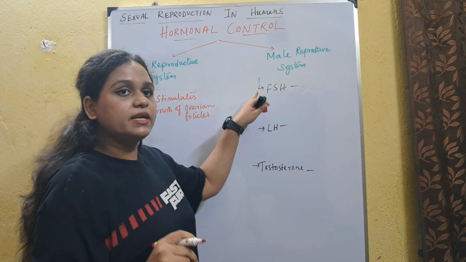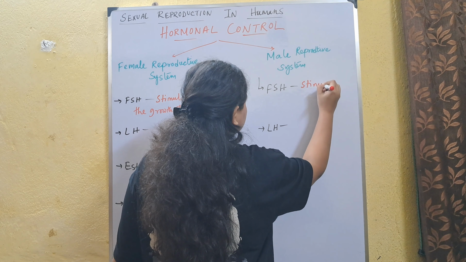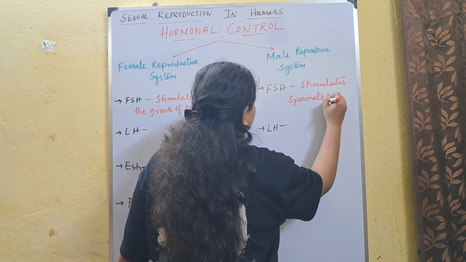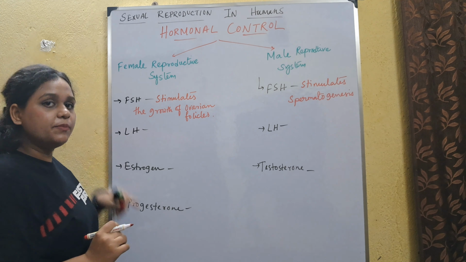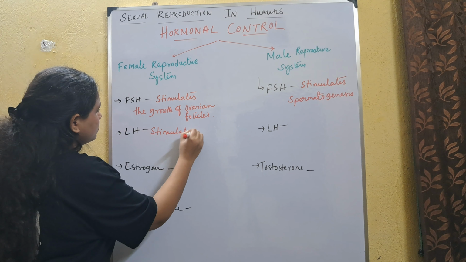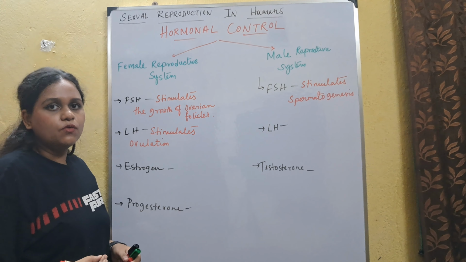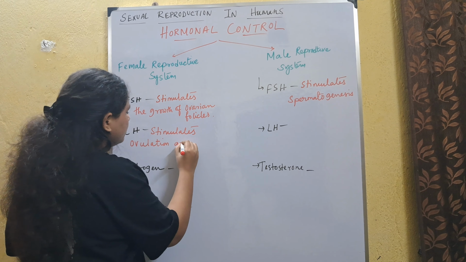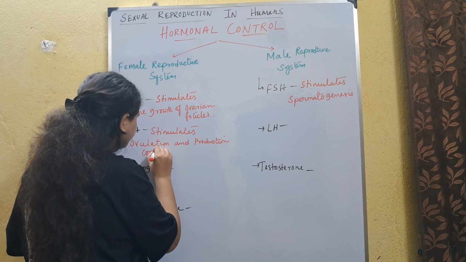The follicle stimulating hormone in the male reproductive system stimulates spermatogenesis. Now, luteinizing hormone in the female reproductive system stimulates ovulation, or the coming out of the mature ovum from the ovary to the fallopian tube, and production of corpus luteum.